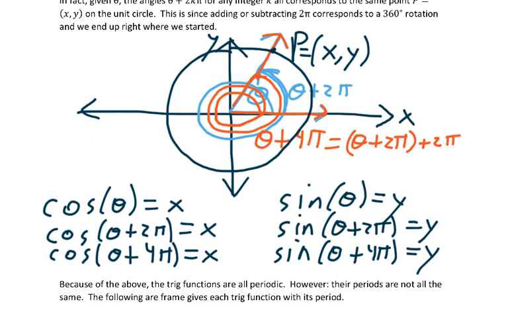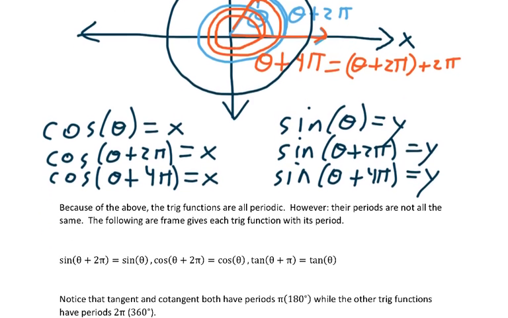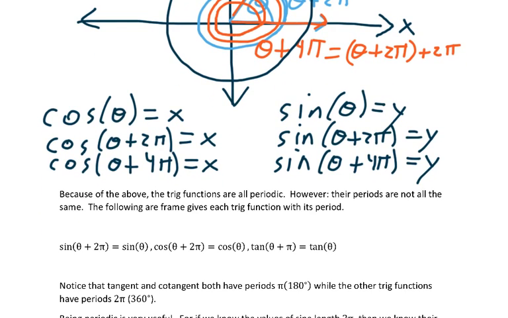So let me say it again. Cosine and sine, secant and cosecant have period 2 pi. Tangent and cotangent have period pi. What I wrote down here, as you can see at the bottom, is for sine, cosine, and tangent. Now again, this is all in radians.